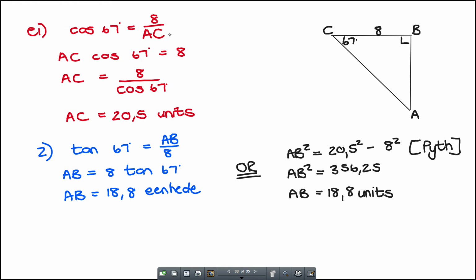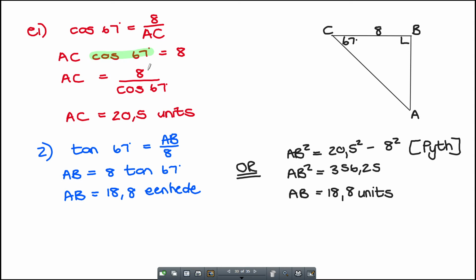So the first thing, we said you must work from the bottom, right? So here is 8 divided by AC. So to get rid of the fraction, I'm going to take this over and it becomes times AC. So that's how I get AC, cos 67 is 8. But I want AC to be alone, which means that this part I've got to get rid of.